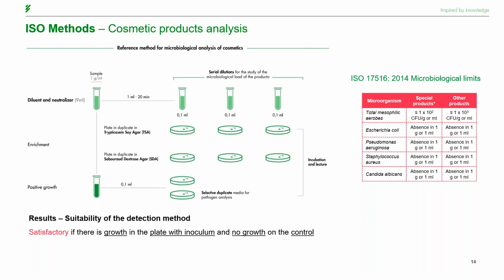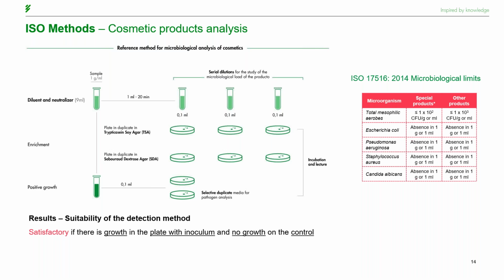This would be the acceptance criteria, which would be basically absence for pathogens in 1 gram or milliliter. And then we have here the criteria for the total mesophilic aerobes.